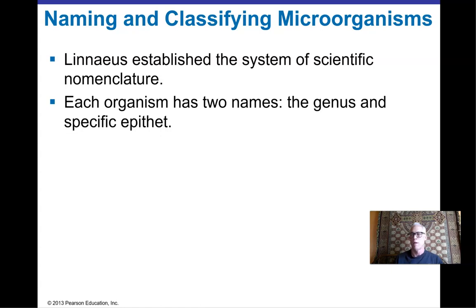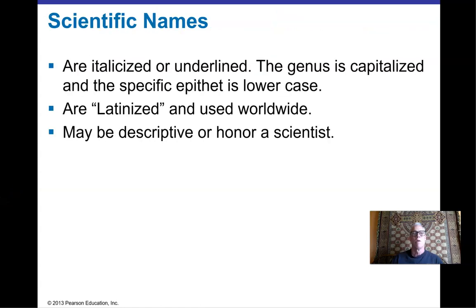As we'll see in a couple of examples, you'll be very familiar with what I'm talking about there. When we express these things, we always italicize the name of a microorganism, a bacterium, for example, and they have these kind of Latinized sounding names, and they're agreed upon throughout the world so that we can communicate efficiently about the microorganisms we're talking about.